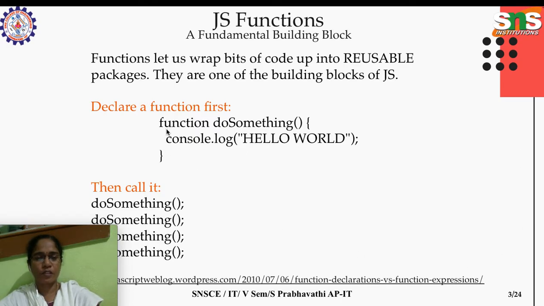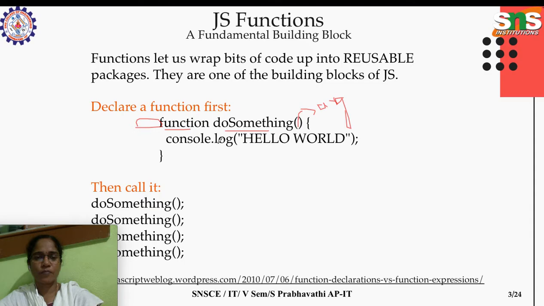Here we need to use the keyword function, and this is the function name. In this example it doesn't take arguments. If it takes arguments, we need to pass the arguments, which we call the formal parameters. There is no return type for the function in JavaScript.